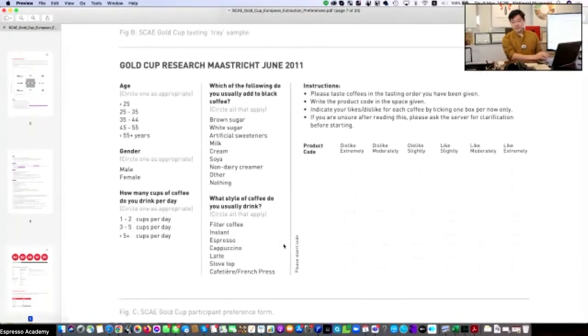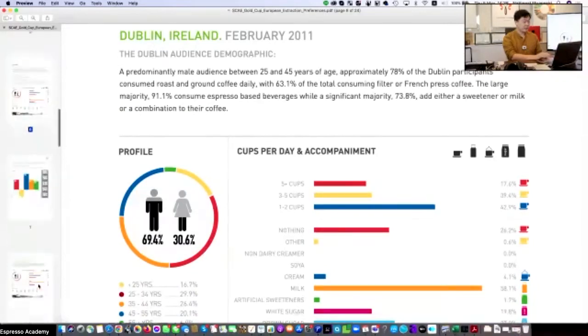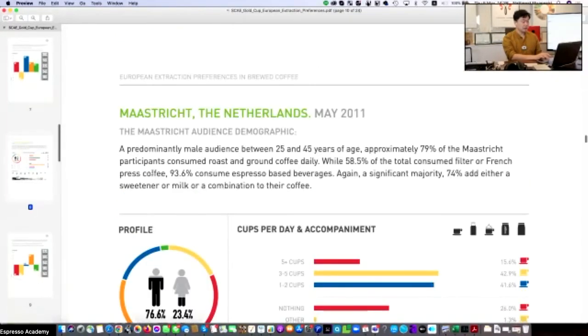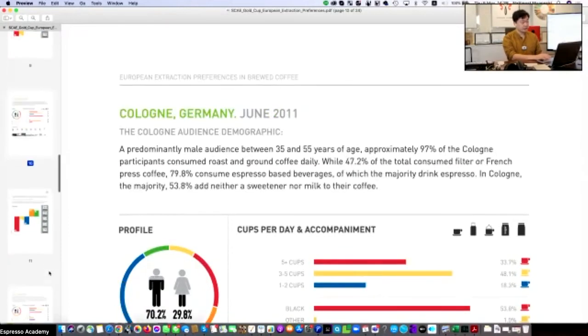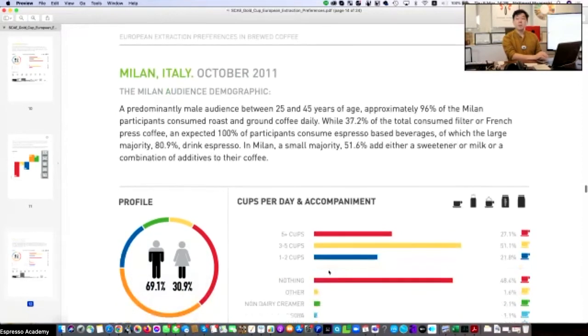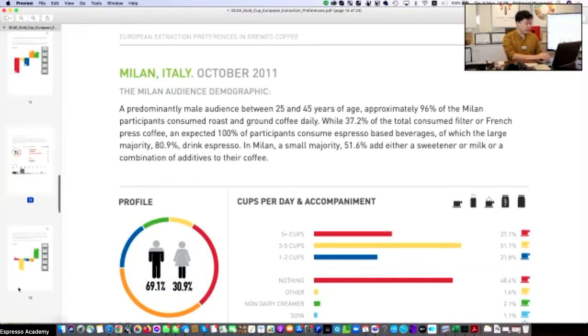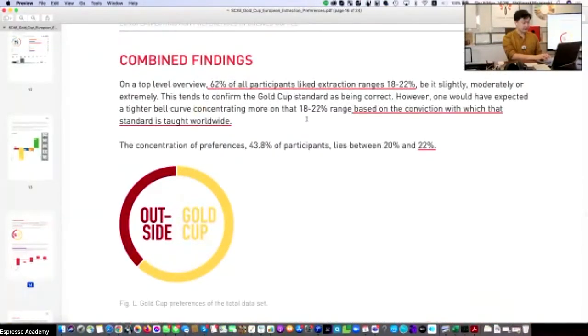And the reason is because they want to repeat this everywhere else. For example, they repeat it in Dublin, Ireland, and then they repeat it again in Netherlands, again in Germany, then again in Milan, Italy. And then they compare the result to confirm the findings.